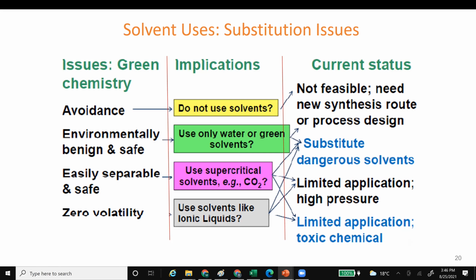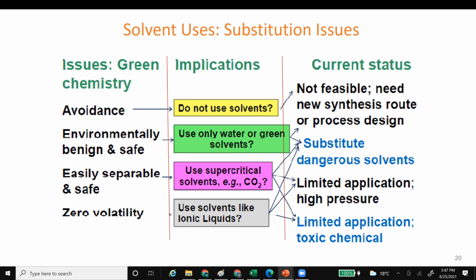If I look at the database from different companies, which some companies gave me, a green solvent for one company was a red solvent for another. So there is inconsistency. Easily separable and safe: supercritical solvents like CO2. Yes, this could be a good idea, but supercritical solvents operate at high pressure, so there is an application limit.